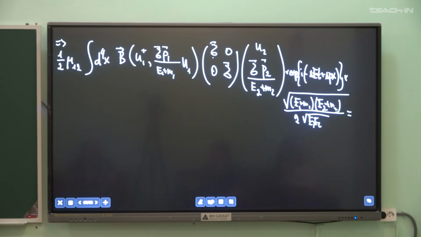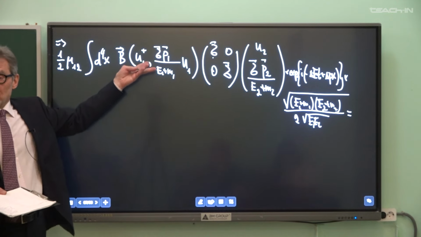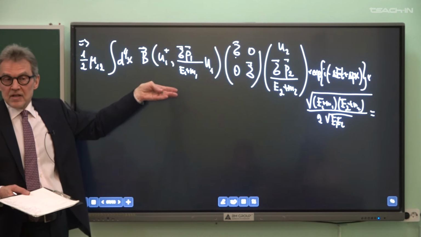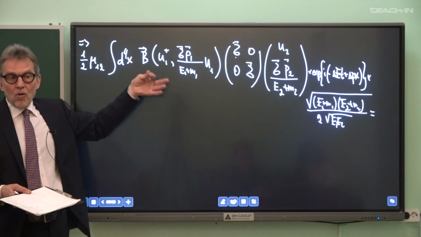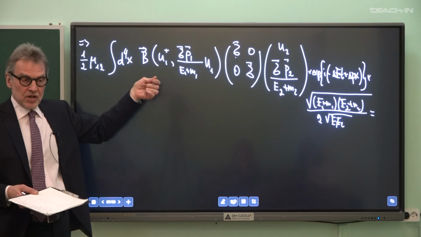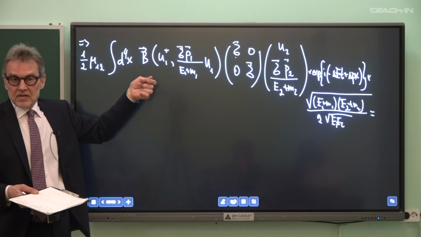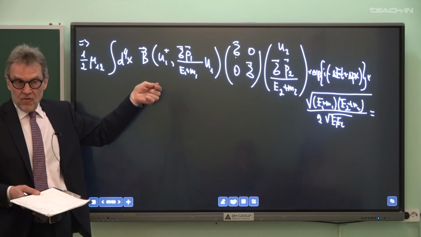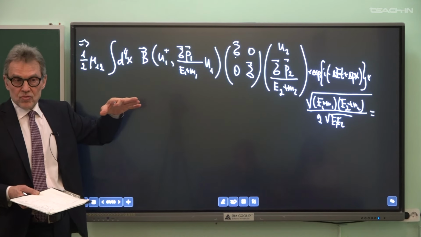So, we have to calculate this. This is a typical term. Once we calculate it for one particular case, we can generalize this and easily reproduce all terms, additions to the effective evolution Hamiltonian, that is a 4x4 matrix. 4x4, once again, because there are two mass states and two spin states.